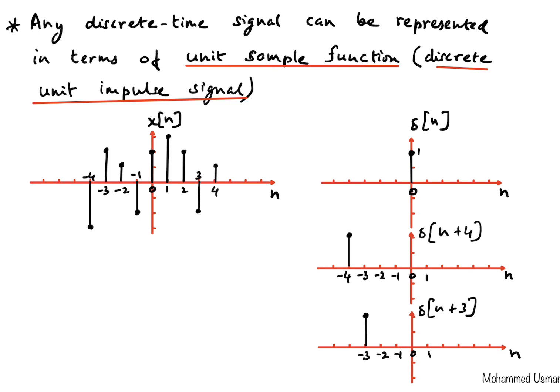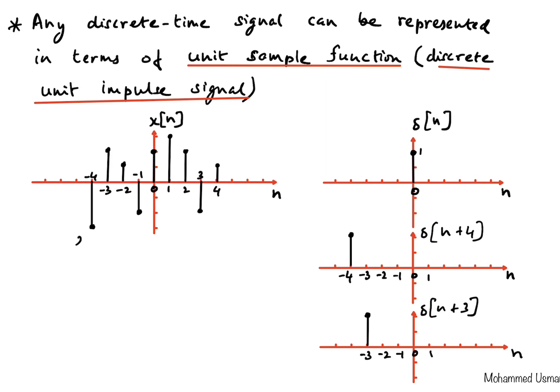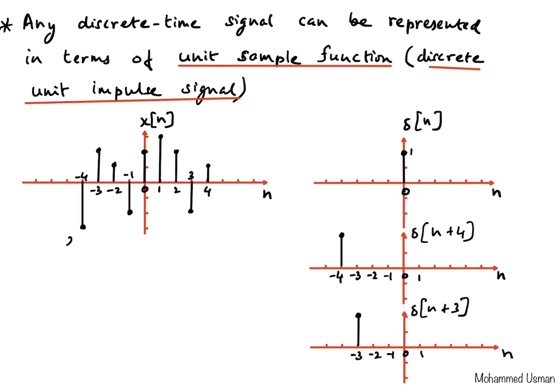What happens if I take this signal x of n when n equals -4 and multiply it with delta of n plus 4? So this is our x of -4.